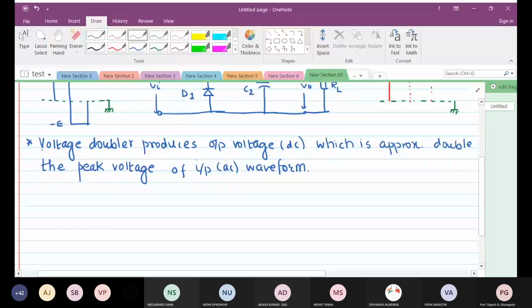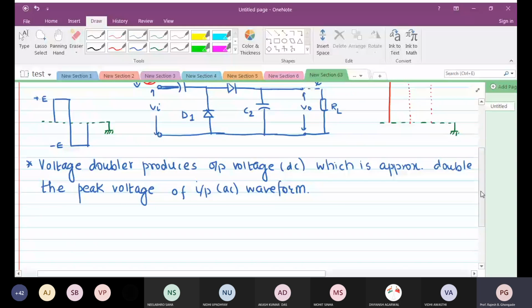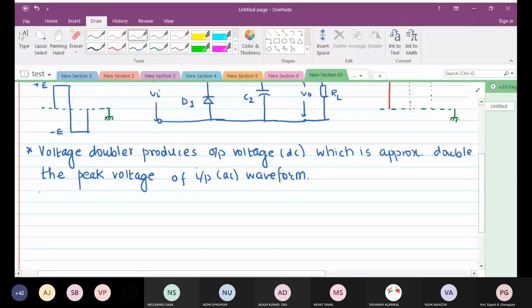Yes, sir. Okay, let us understand the working of this in a very simple way. I'll redraw the circuit. Always start with the negative half cycle for explanation. Okay, this is very easy. If you start with the positive half cycle, it will not work properly. I mean, you may not be able to explain it properly. Okay.